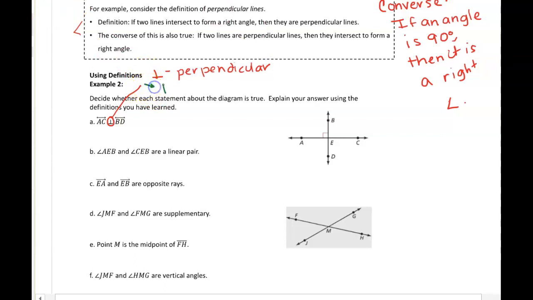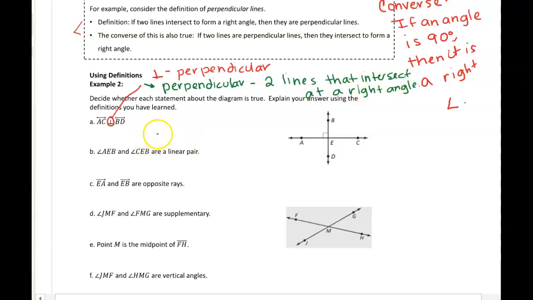Perpendicular lines are simply two lines that intersect at a right angle. So any two lines that intersect and form a right angle, we would say those are perpendicular. So if we look at the diagram, we want to decide whether this is true or false and then explain it.